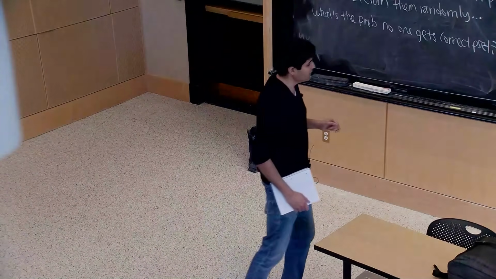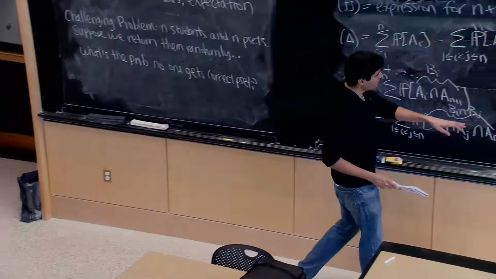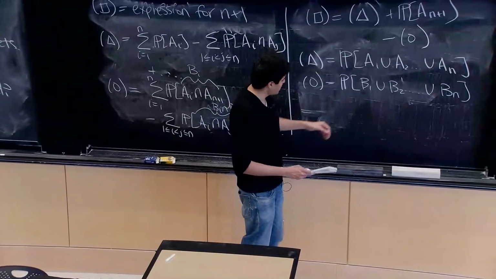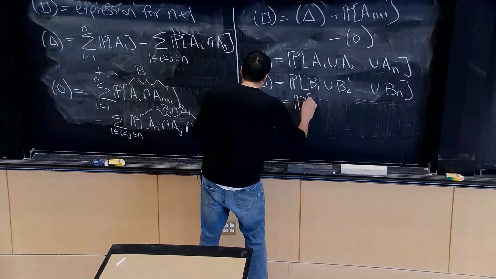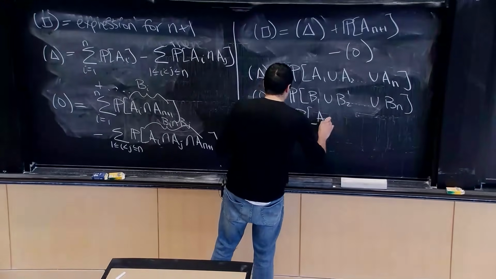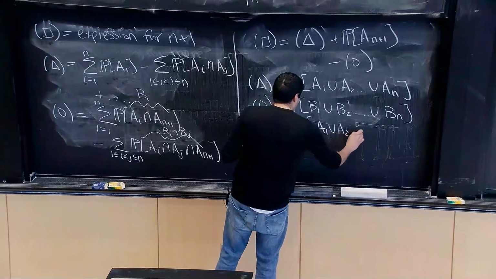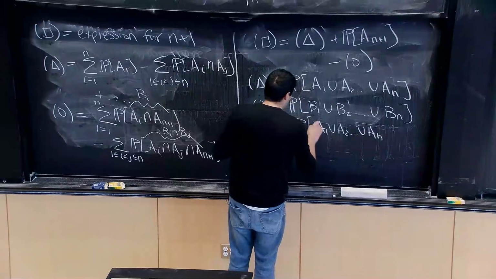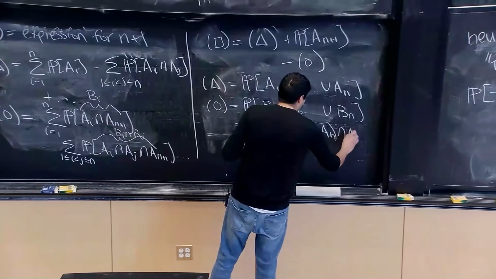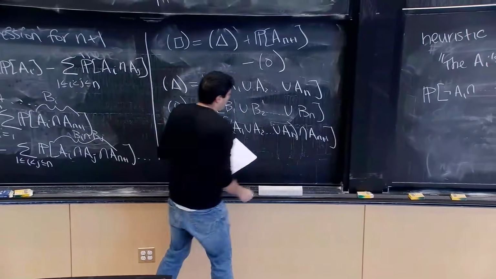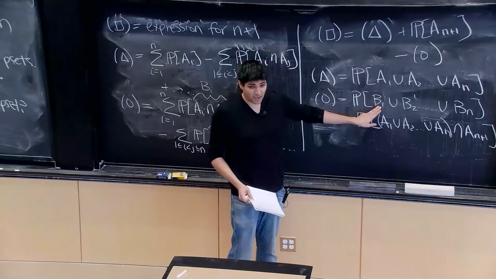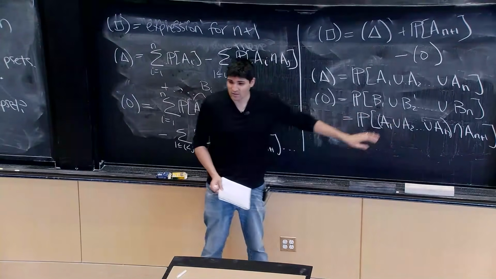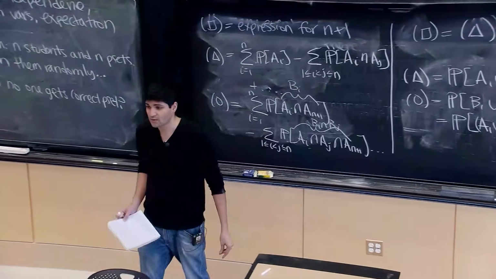So that's where the cleverness happened. And now I can remember what these B_i's are. So this is the same thing, I claim, as the probability that A_1 or A_2 all the way up to A_n happens, and A_{n+1}. Because each one of these just takes one of the A_i's and intersects it with A_{n+1}. So this is really just De Morgan's laws in disguise.